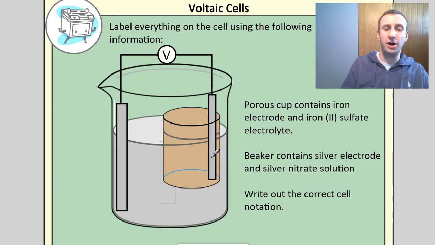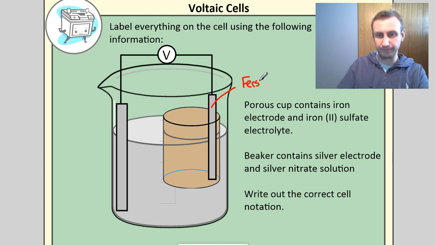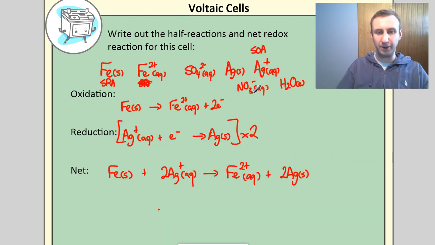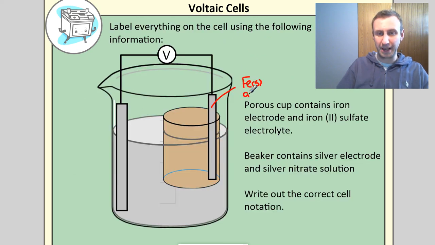Now, if I'm going to show all my different parts for this, which I should do, so I've got here my iron electrode, Fe solid. And as we talked about, iron is my oxidation, so this is going to be my anode, which means it's negative.